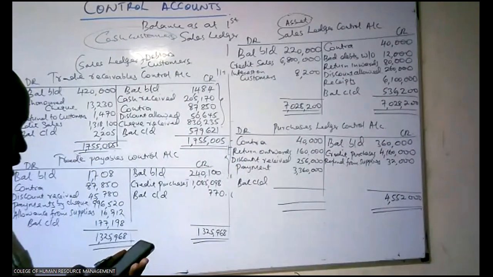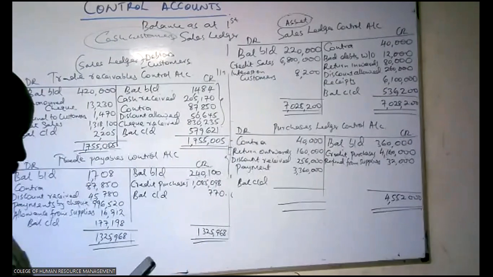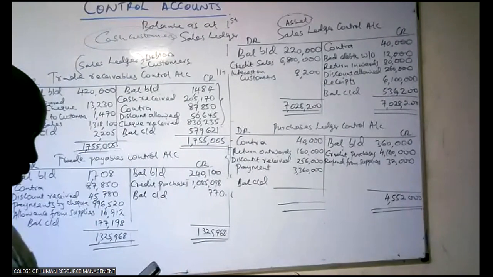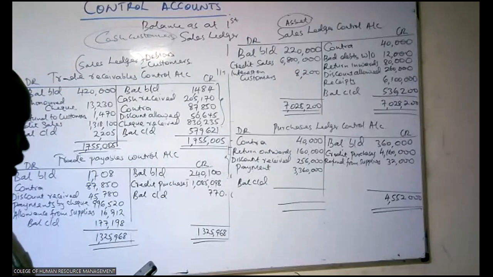40,000 plus 160,000 plus 256,000 plus 3,360,000. How much do you get? 3,016,000. Yes.